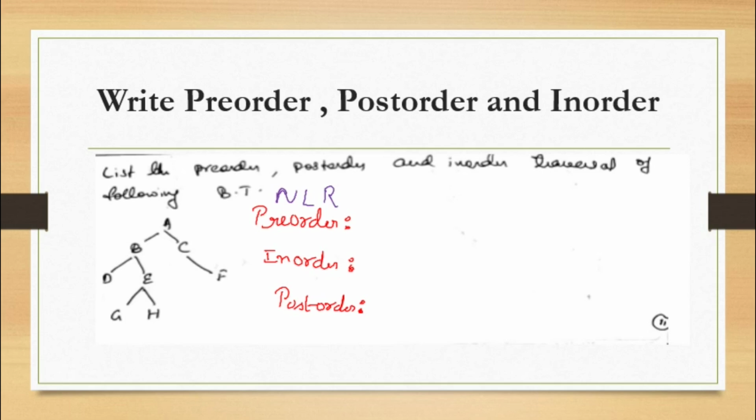What does in order say? Left we need to visit first, then N, that is root, then right. So N means root here, L means left, and R means right. Post order says first visit left, then visit right, then visit root.